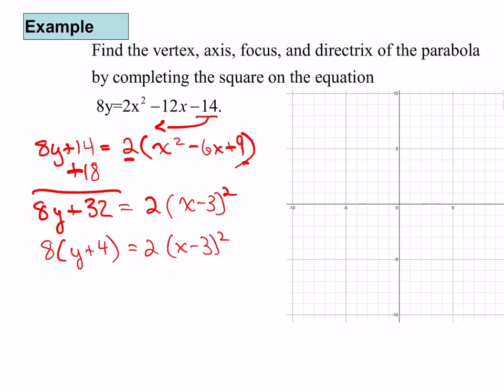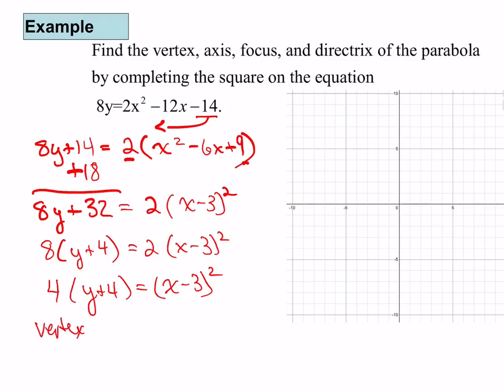And then just divide. 4(y plus 4) equals (x minus 3) squared. And you have your completed equation. I don't guess we needed to graph anything on this one, so yay. Oh, vertex, we got to find all that stuff. Yeah, we did.